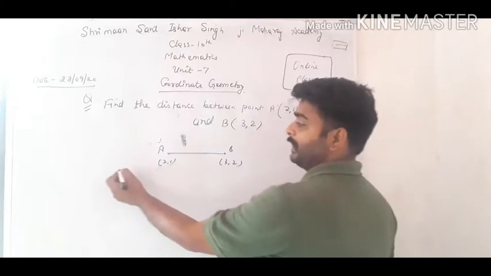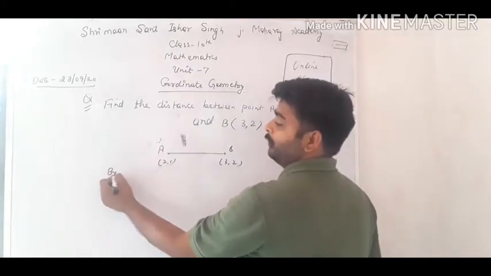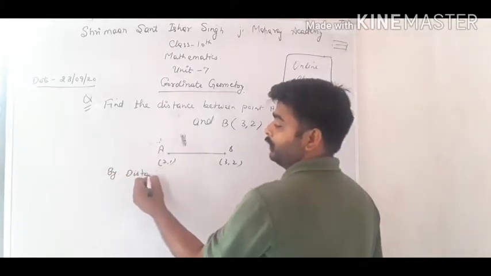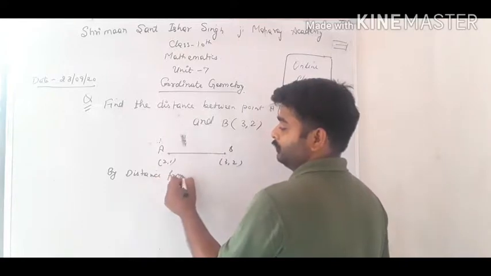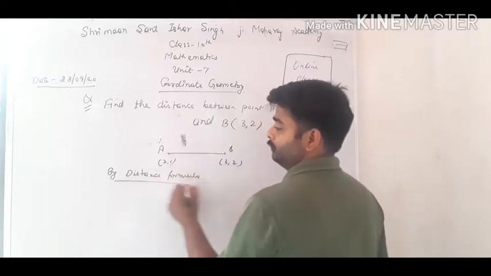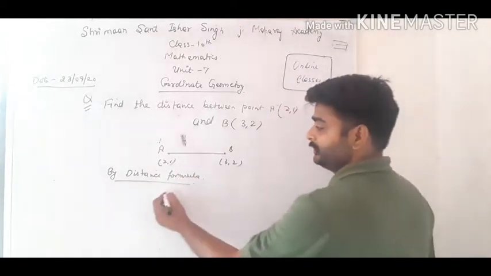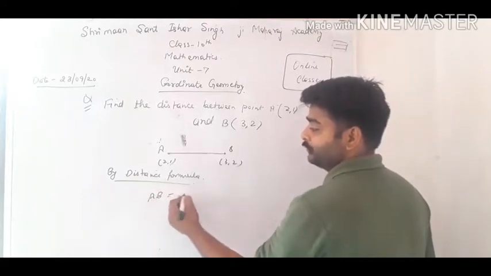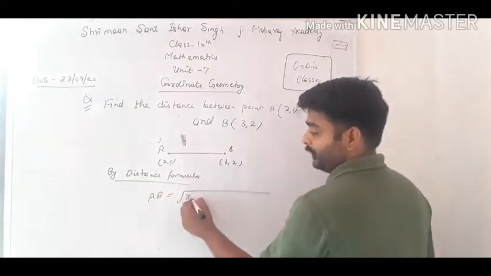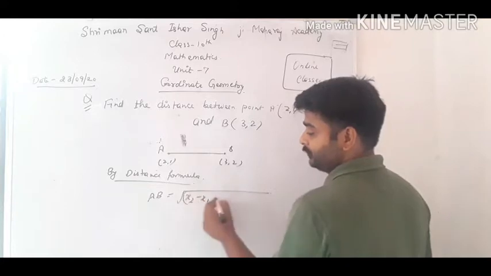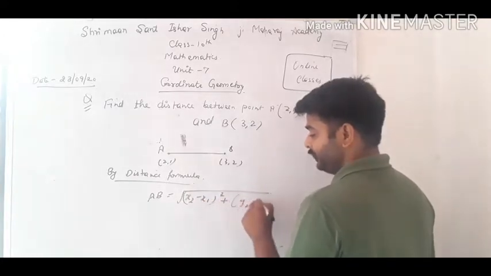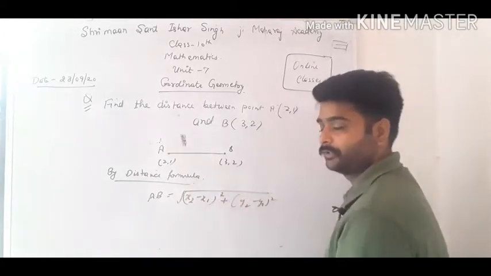Now class, applying the distance formula. By the distance formula, AB is equal to the root of x2 minus x1 whole square plus y2 minus y1 whole square.